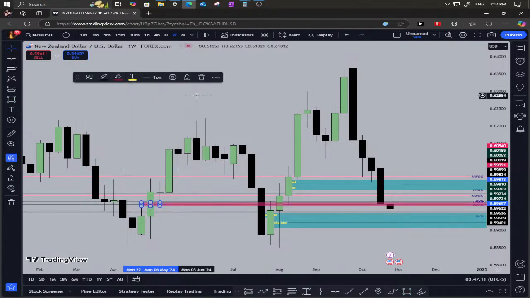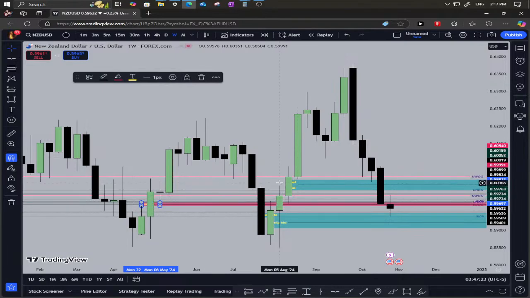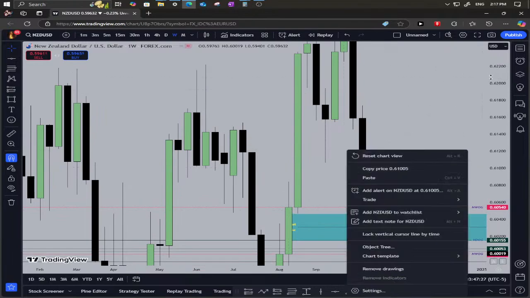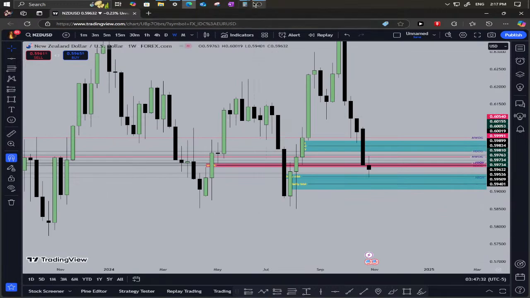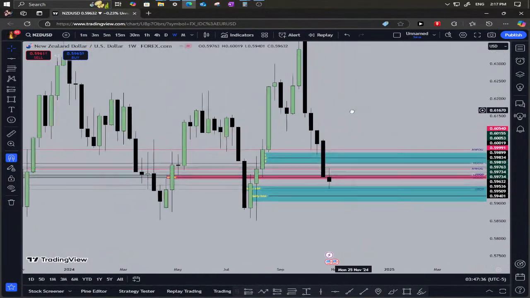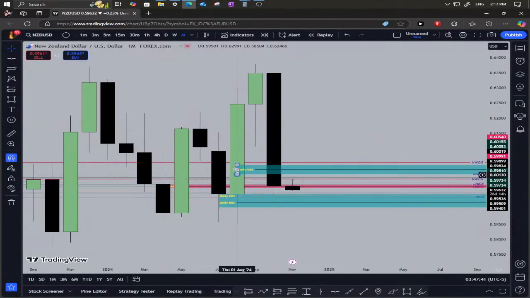Change the color, maybe black, and use this as the weekly BC. There you go. So this was the top-down analysis, right? This is actually the top-down analysis that I have done right now. And if you go to the monthly chart, there is nothing that you can rely upon.